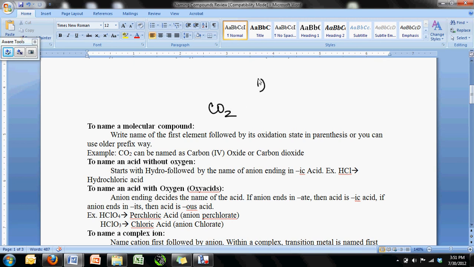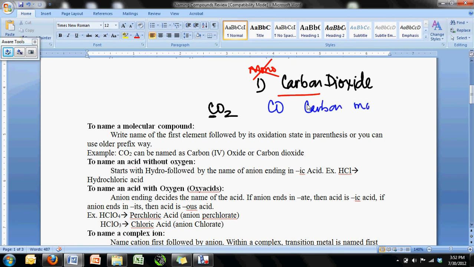In the old way or prefix way, you name your first element, which is carbon, and then you write di to show that there are two oxygens, and then you say oxide. One note here, you don't write mono before the first element, but you do write mono in between. So if it was CO, you'll name it as carbon monoxide. So mono can come in between but not before.